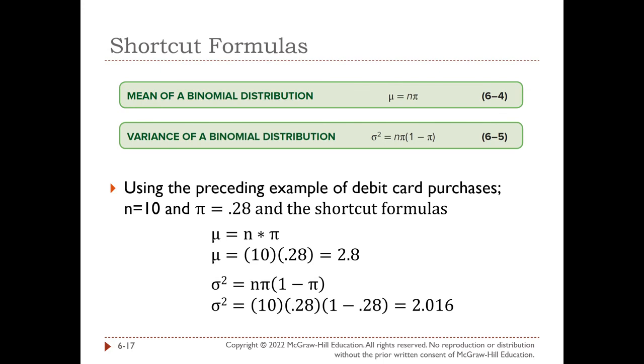So 10 times 0.28 equals our mean of 2.8. To find the variance, we take n times pi times 1 minus pi. So 10 times 0.28 times 1 minus 0.28 comes out to 2.016. And the standard deviation would just be the square root of that number.